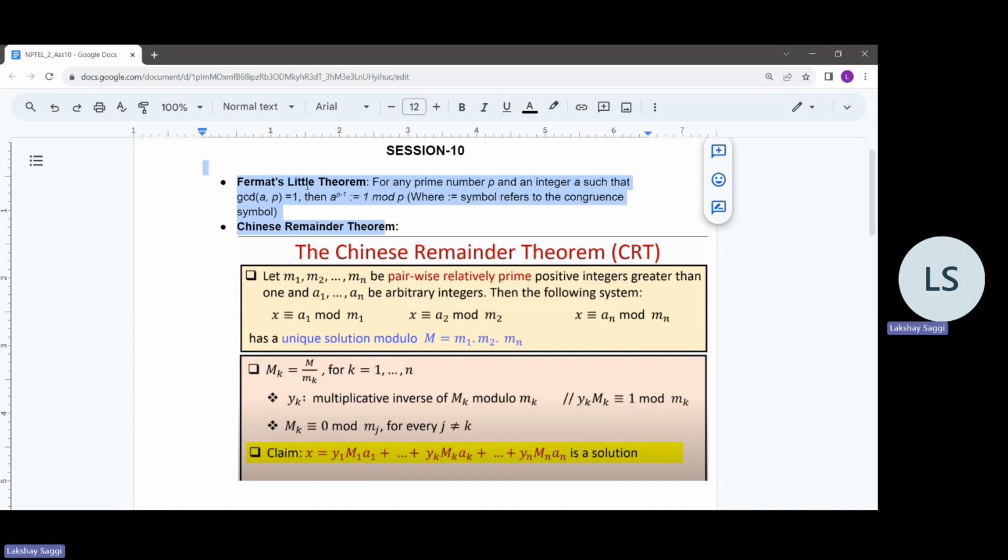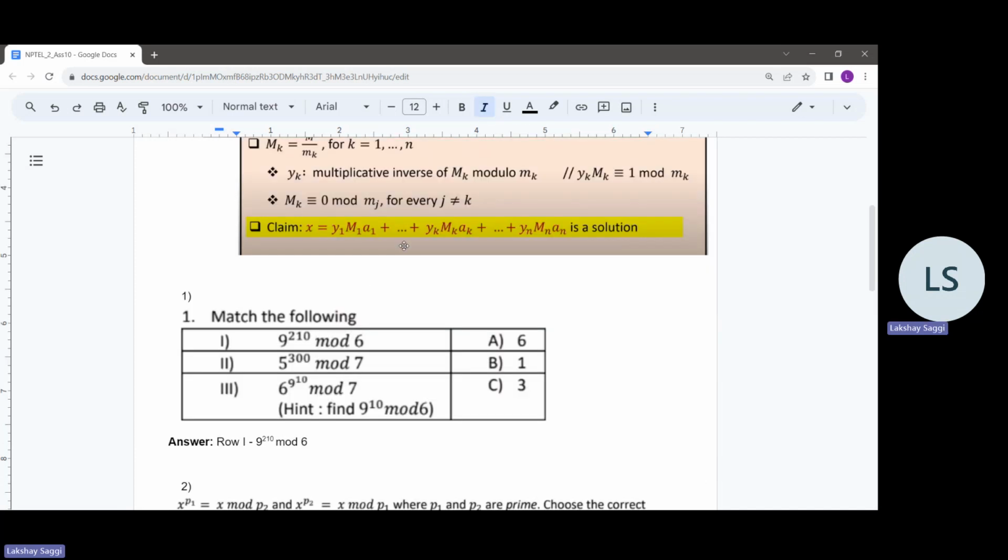Other than that, for finding these modular values, we have these two tools. As you can see, for applying Fermat's little theorem, we need the modulus to be a prime number, like mod p where p is prime. Here we have 6, and 6 is not prime. So we can't apply Fermat's little theorem directly.